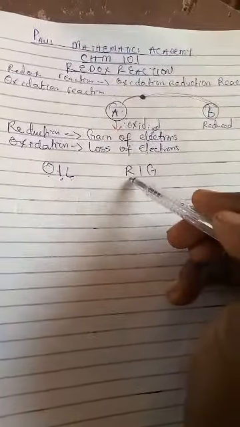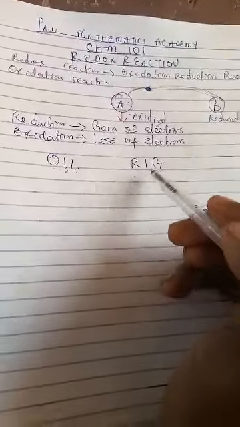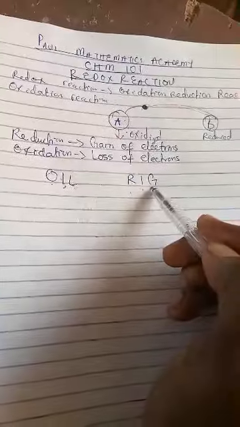And R stands for reduction, I stands for is, and G stands for gain. So, in a redox reaction, one of the atoms is either to lose electron or to gain electron.